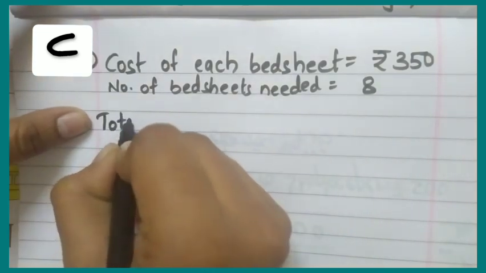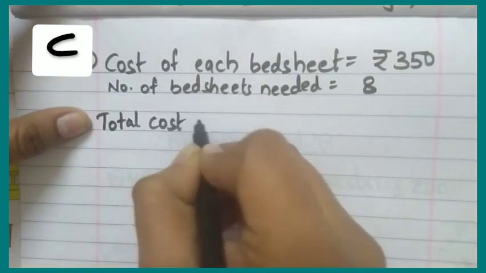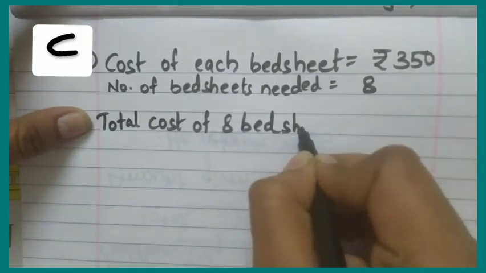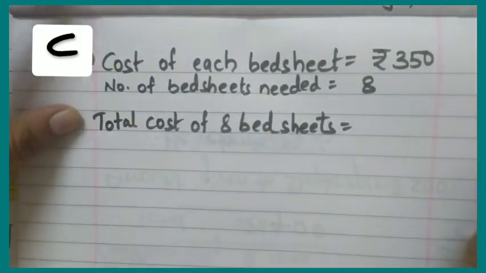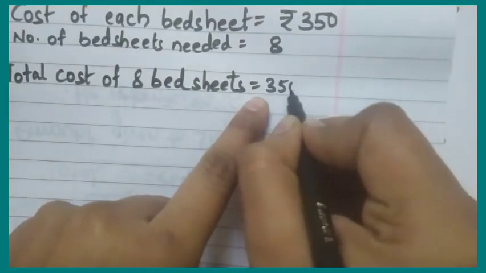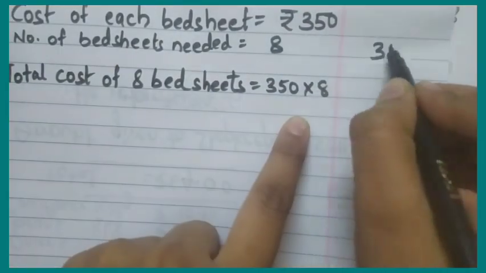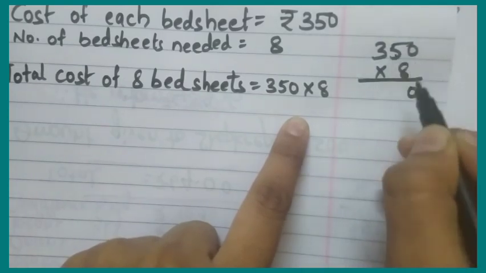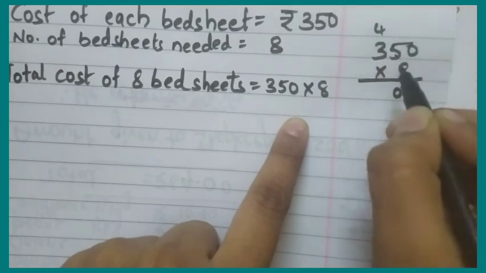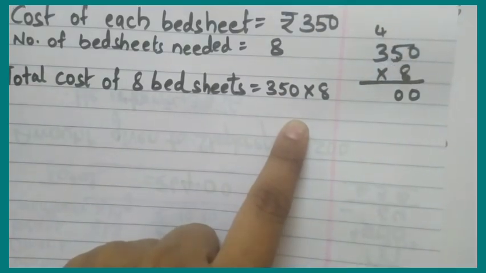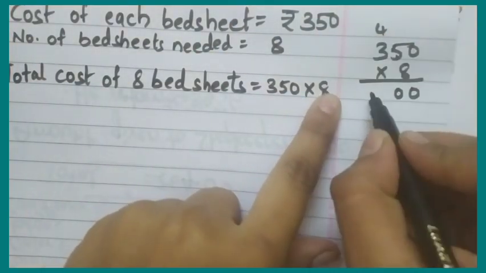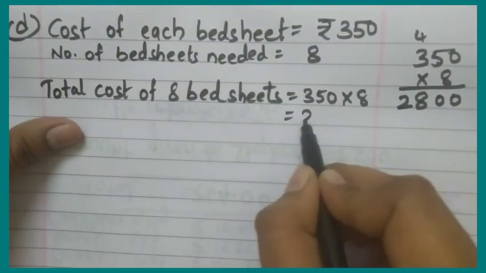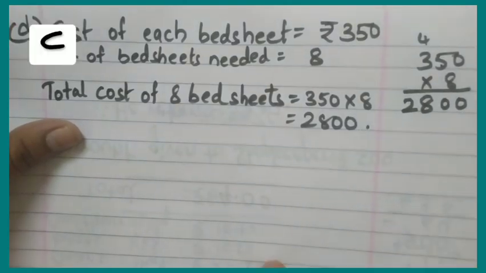Now we have to find total cost of 8 bedsheets. Cost of 8 bedsheets, that is 350 into 8. 8 zeros are 0. 8 5s are 40. 0 here, 4 carry. 8 3s are 24. 24 plus 4 is 28. Therefore 2800 rupees.